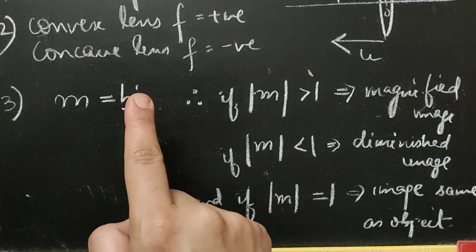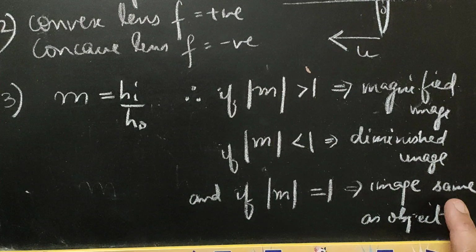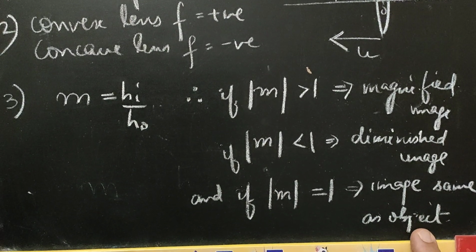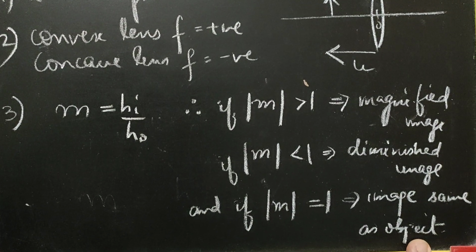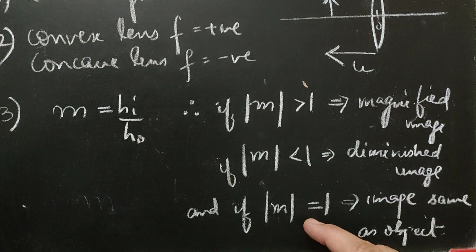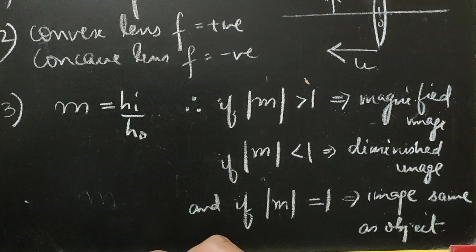So that would mean the image height and the object height are the same. Image height is same as the object. So these 3 points to be kept in mind for the value of magnification.